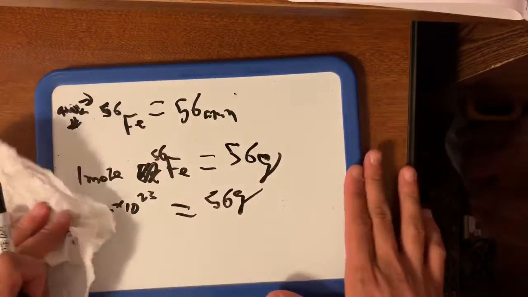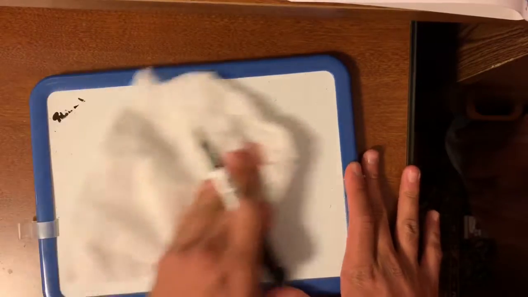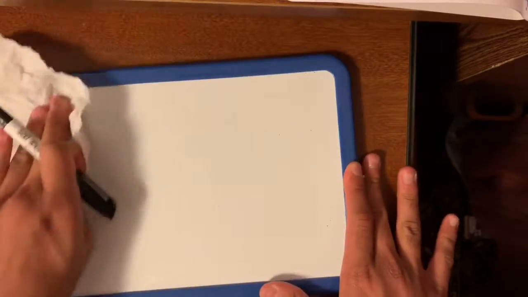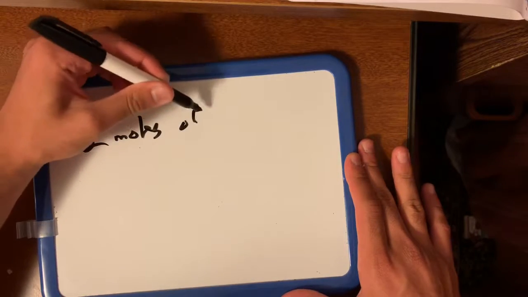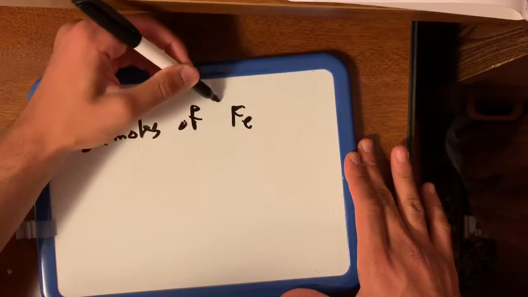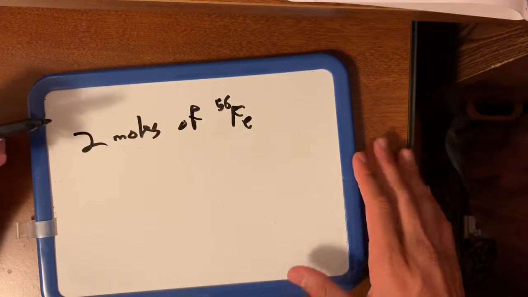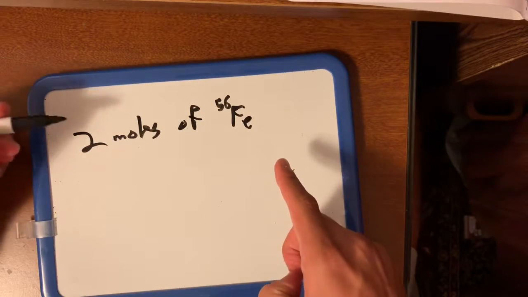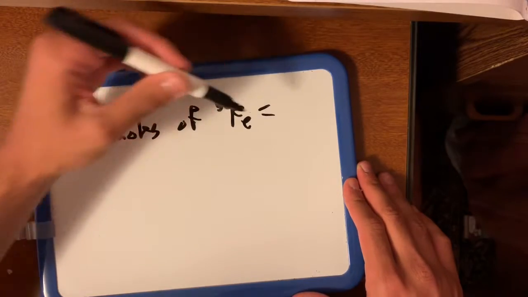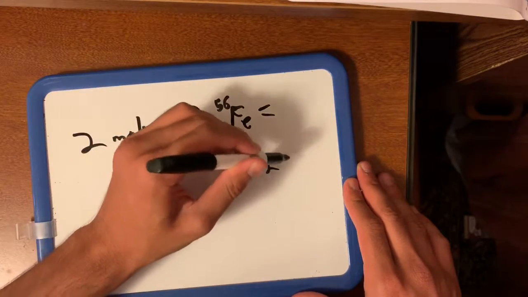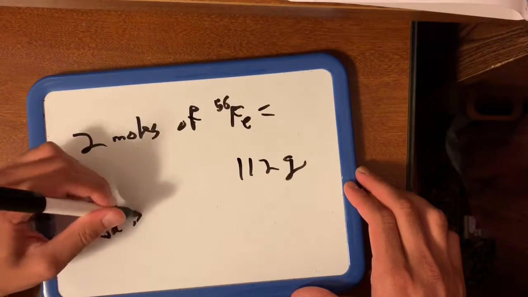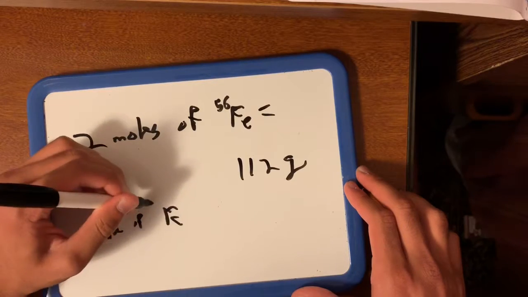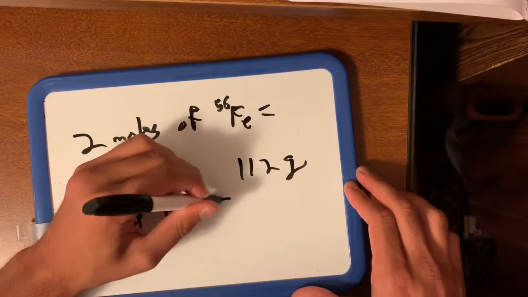In all the previous examples I've said 1 mole, but because a mole is just a number, it's like saying a dozen. Let's say you had 2 moles of iron 56. 2 moles of iron 56 would give you a mass of 112 grams, because 1 mole of iron 56 is equal to 56 grams.